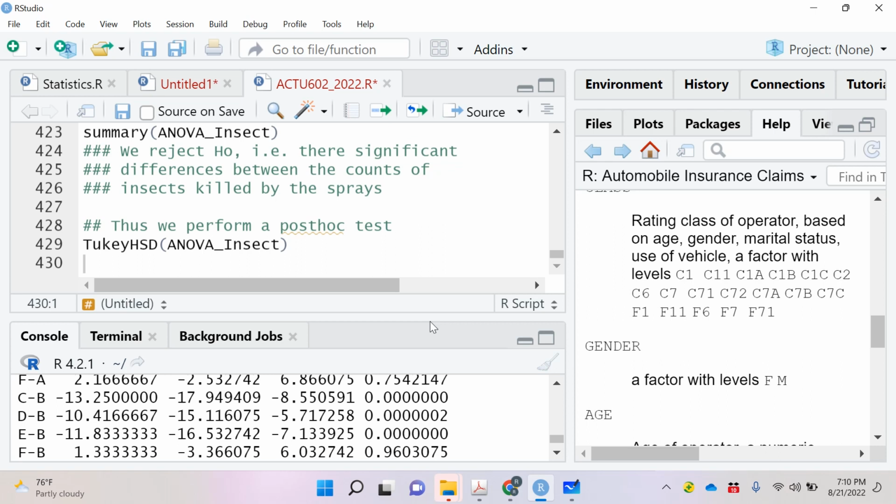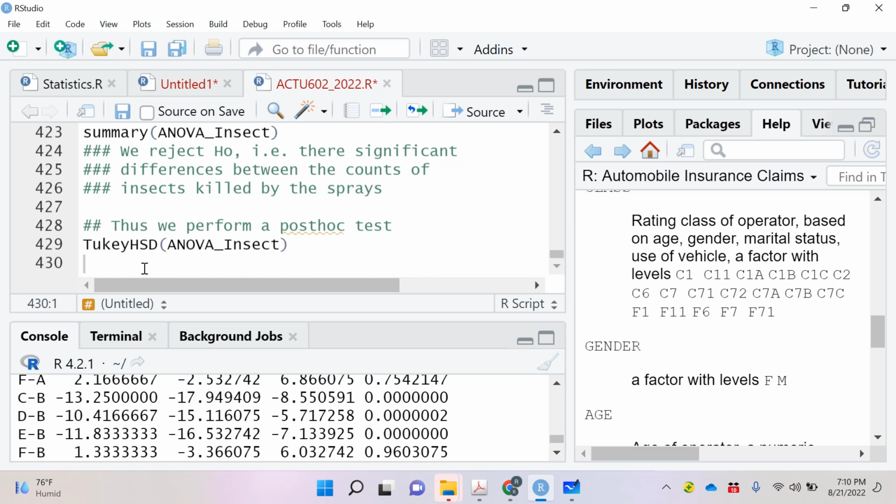All we have done are purely parametric tests, but there are non-parametric versions. So we can do a Wilcoxon test for the t-test that we did if the assumptions are not satisfied. In the ANOVA, we can use the Kruskal-Wallis test if the assumptions are not satisfied.